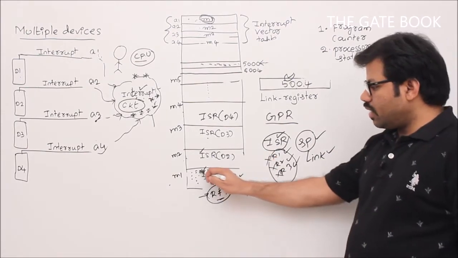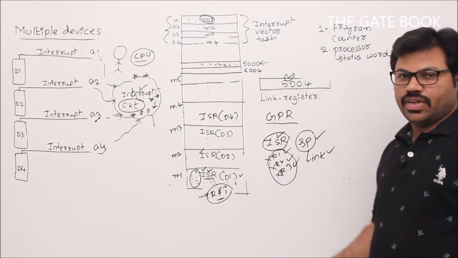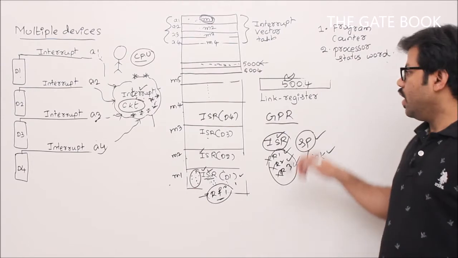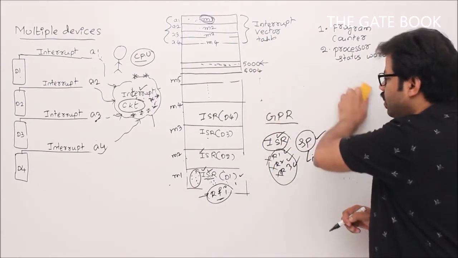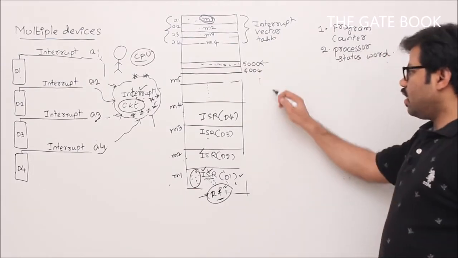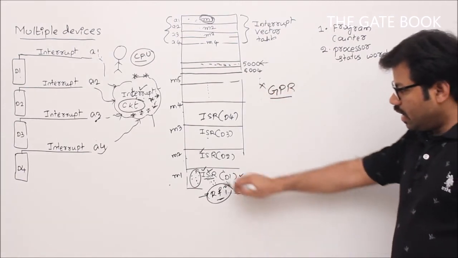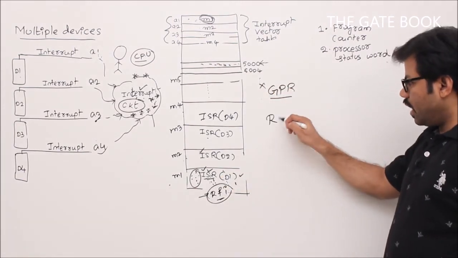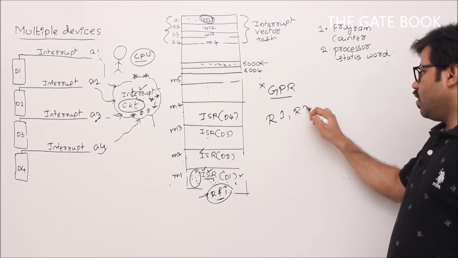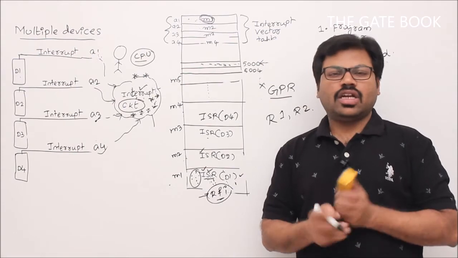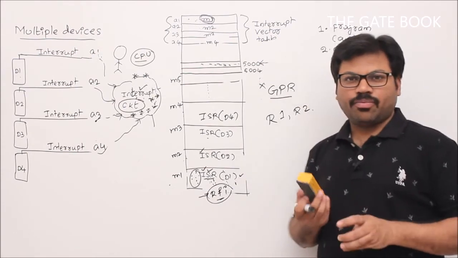So interrupt service routines should be designed such that they do not spoil other programs. So rather than storing all the general purpose registers automatically, interrupt service routines are going to save only the registers which are going to be used by that interrupt service routine. That's better, correct?